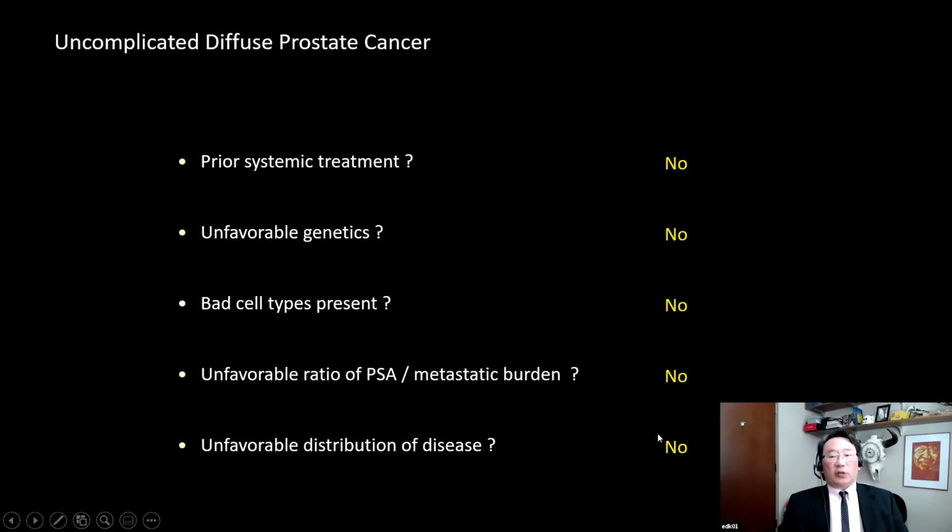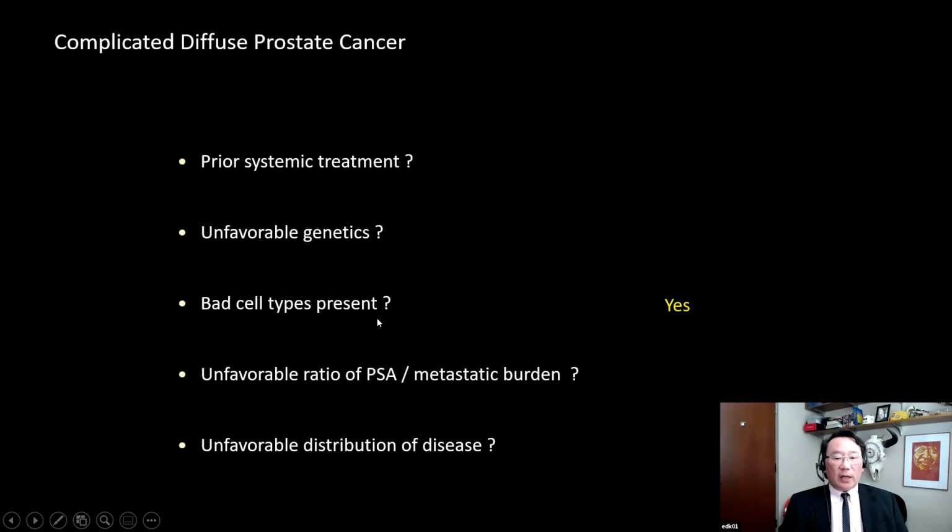So I break diffuse disease into two different forms of cancer. I break it down into uncomplicated diffuse prostate cancer versus complicated diffuse prostate cancer. So the difference is if you've had prior systemic therapy, it's complicated. If you have unfavorable genetics in your blood testing or your tumor testing, that's complicated.